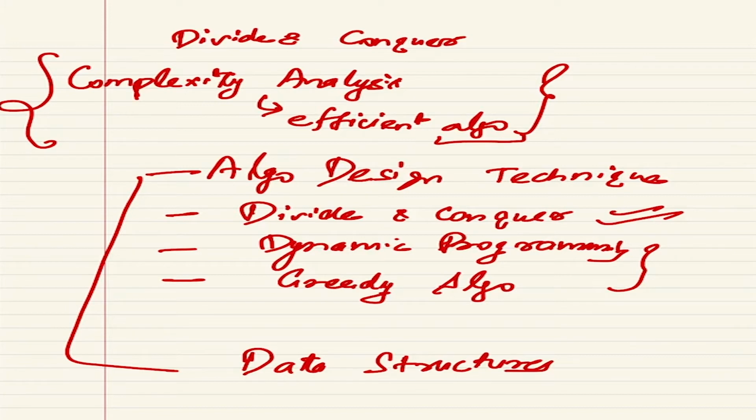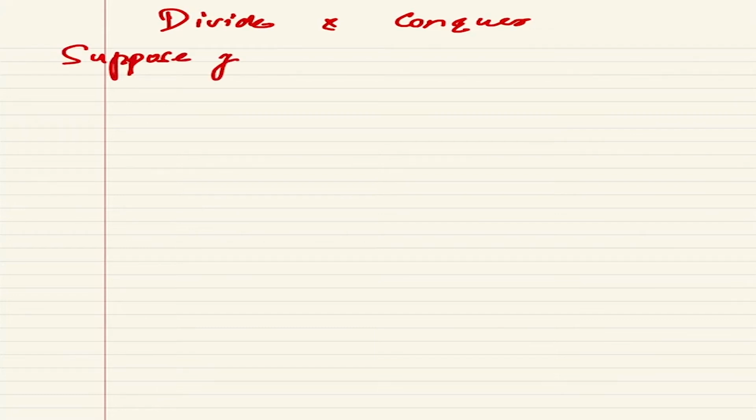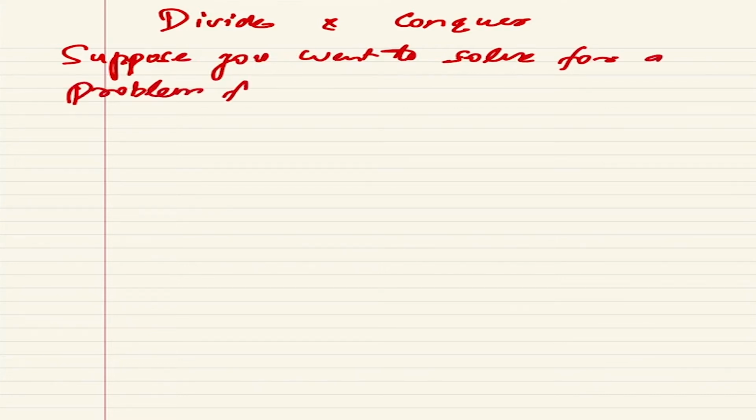What is the basic framework of divide and conquer? The name says a lot. So what do we do here? Suppose you want to solve a problem for which an input instance of size n is given to you.